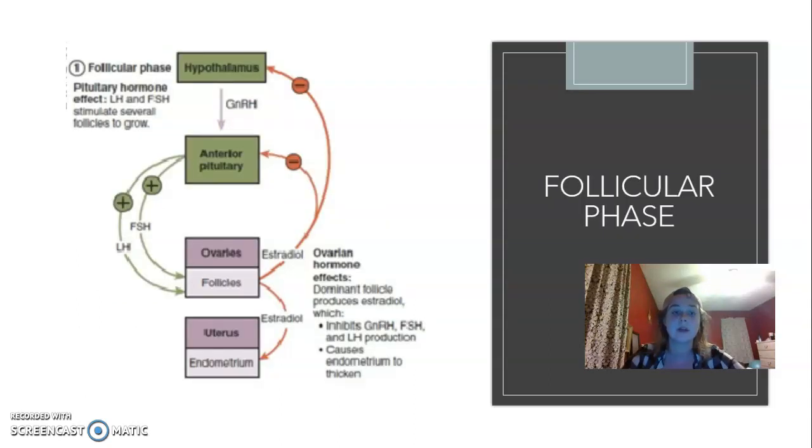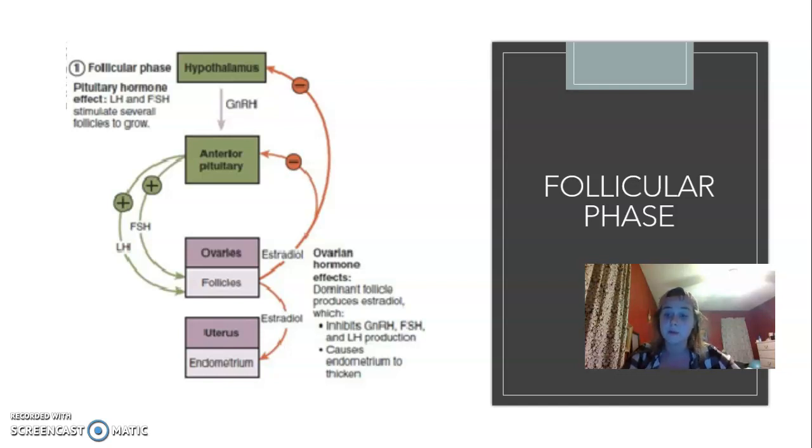And so this will bring us to where we can finally talk about the actual feedback loops in the female reproductive system. The first takes place in the follicular phase. Our hypothalamus produces gonadotropin releasing hormone, or GnRH. This hormone signals the anterior pituitary to produce follicle stimulating hormone, or FSH, and luteinizing hormone, or LH.